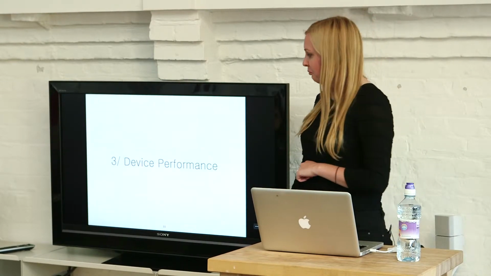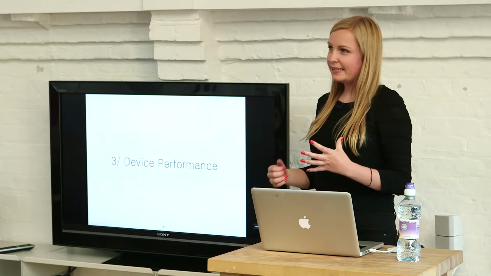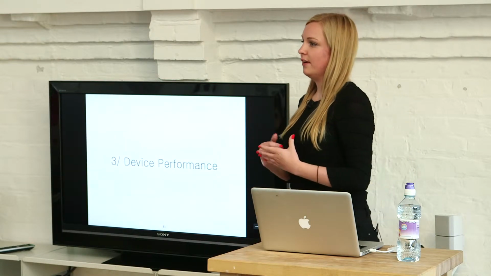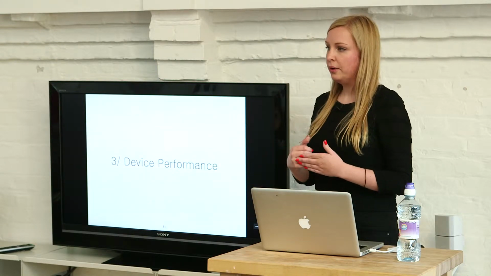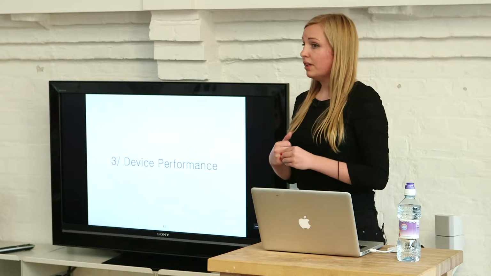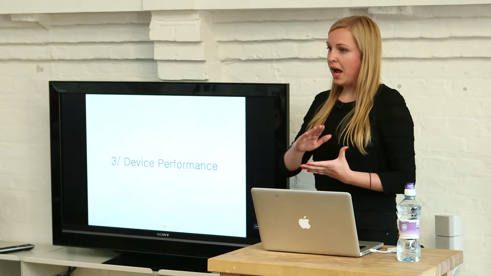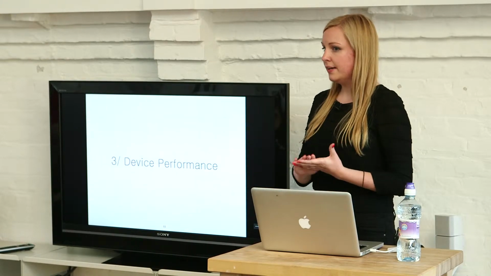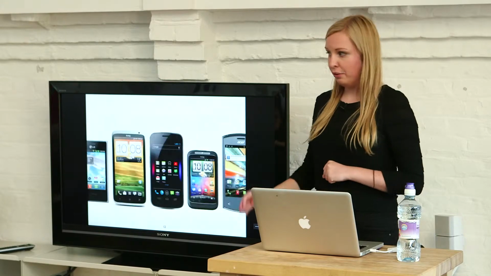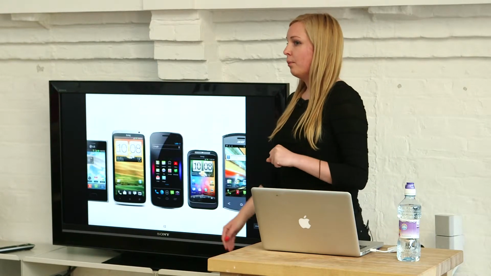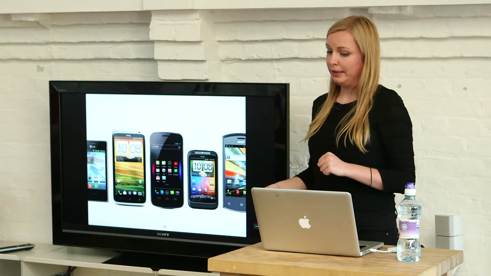The third one is different device performances. This is about different capabilities of different devices, so that could be different CPU or GPU capabilities, or different battery life. We know there's a difference between older iOS devices, like the 3G, but it's nothing compared to Android, where at the moment you've got all sorts of different devices out there with all sorts of different capabilities.